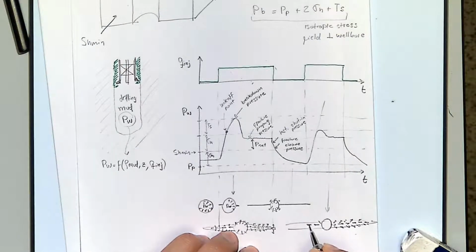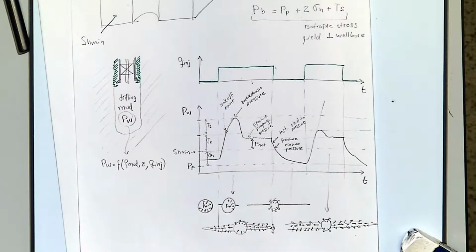So in the leak off test, you are doing a hydraulic fracture, but the objective is actually to prevent that hydraulic fracture when you're drilling. So you just do it once under controlled conditions, but you don't want to do it under uncontrolled conditions with a huge open section of the wellbore. So just do it once.